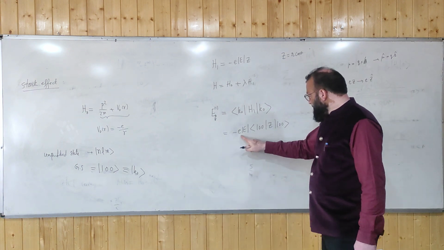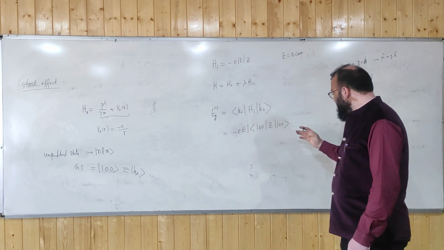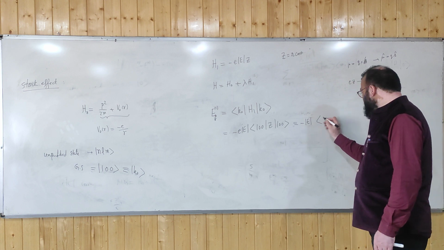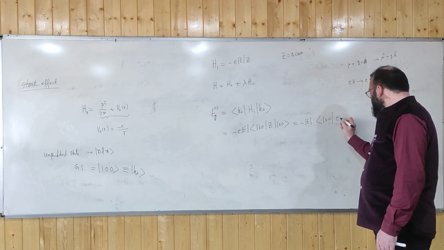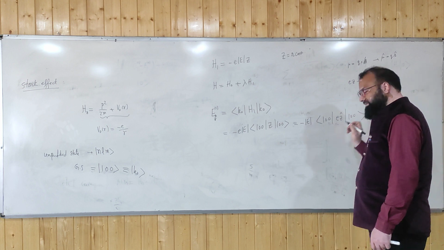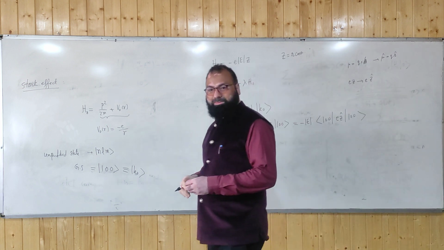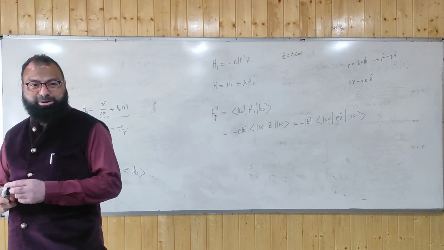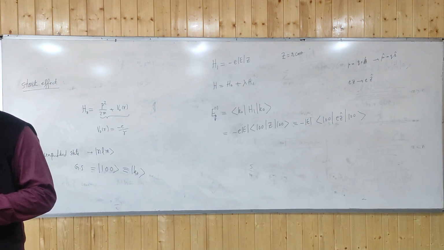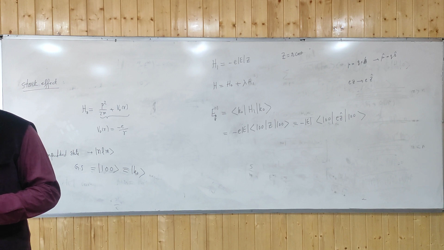So this expectation value, you can think of it as minus magnitude of E times the expectation value of this object in 1, 0, 0. So it is the expectation value of the dipole operator. What should it give me? Dipole moment. Your s orbital is spherically symmetric. So what is the dipole moment?